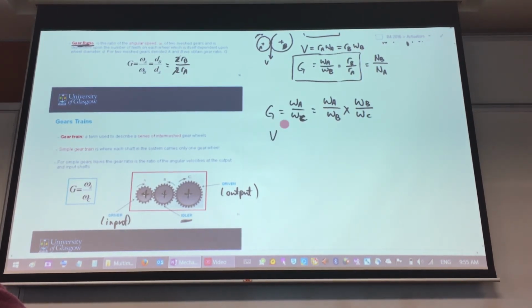Another way to look at it, we can start by looking at tangential velocity.